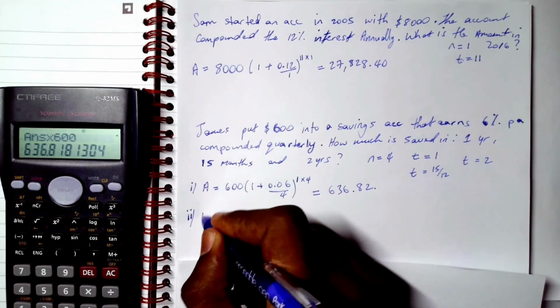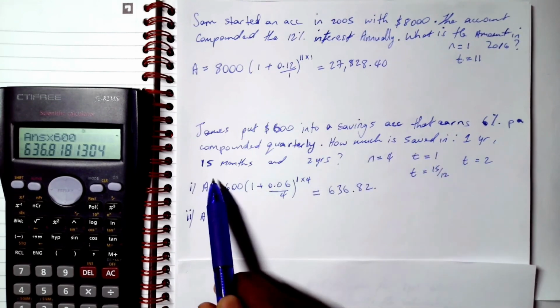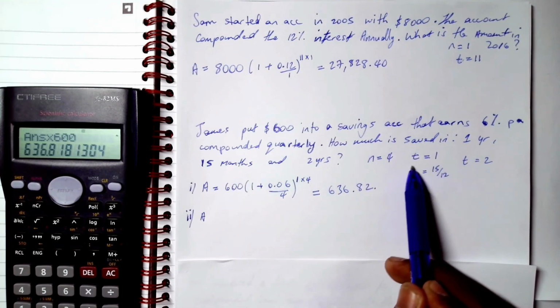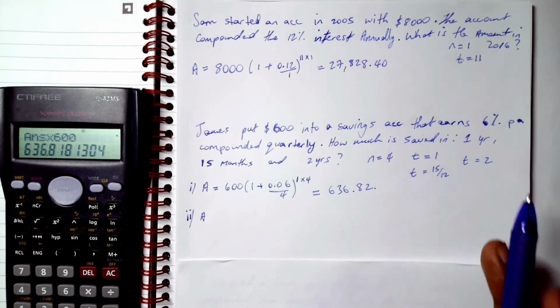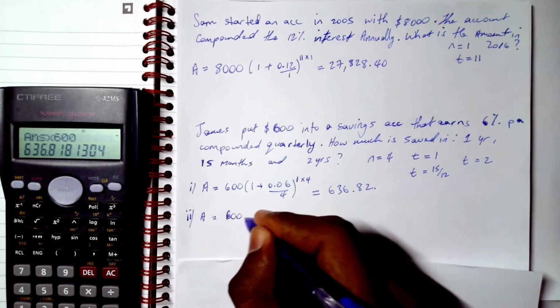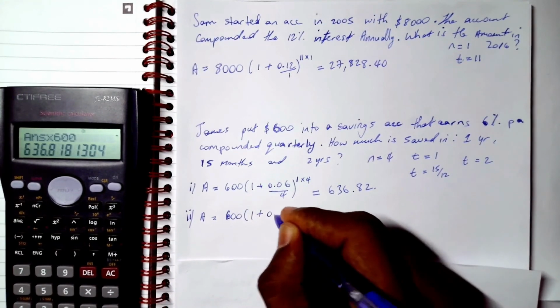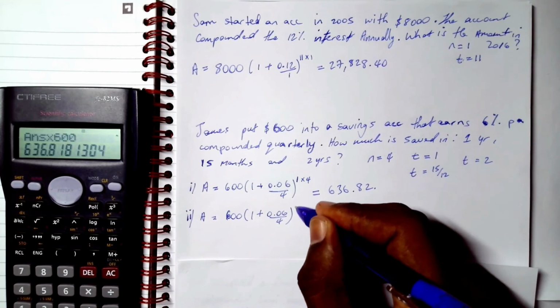Second question. How much is saved in 15 months? The time period will be 15 divided by 12 because we need it in years. Remember that. So it's going to be the exact same thing, except it won't be 1.